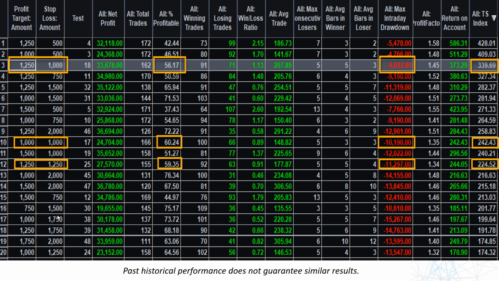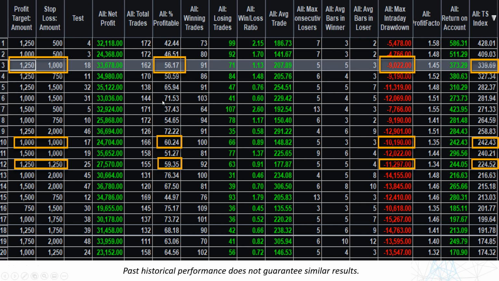Once we did that optimization, 49 tests, I'm looking for scenarios that match this idea. I'm looking for scenarios that are profitable 55 to 60% of the time. Here's our percent profitable column, and you can see there are a number of different scenarios that are greater than 55%.